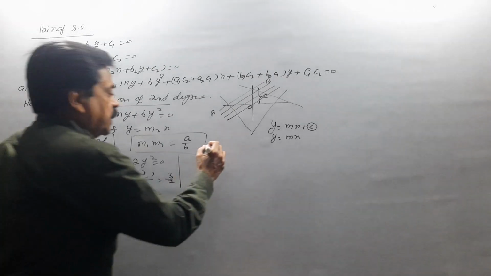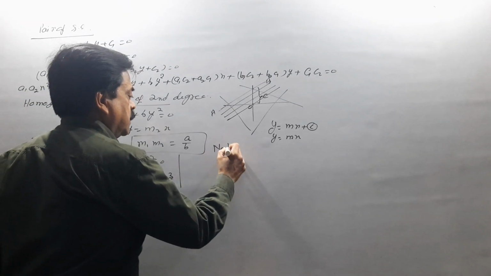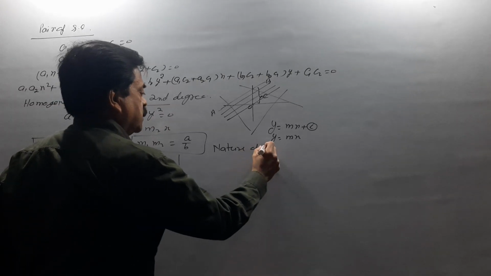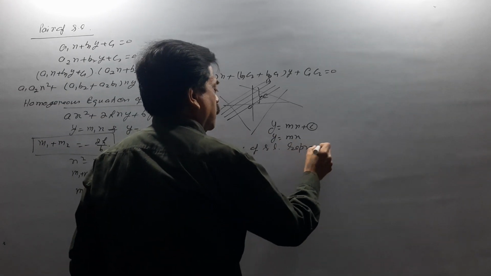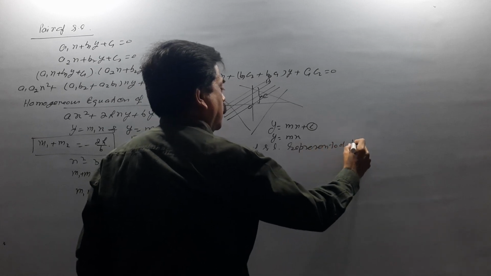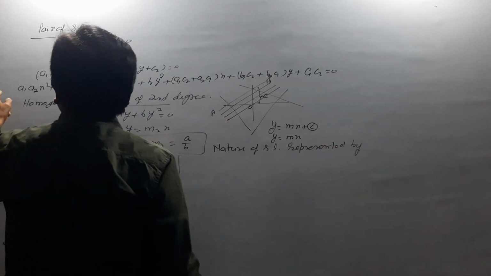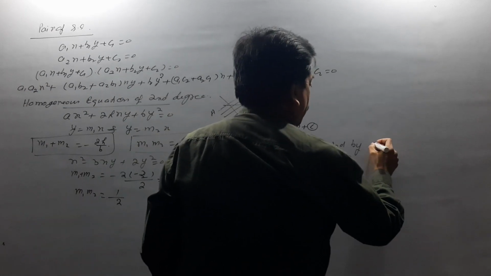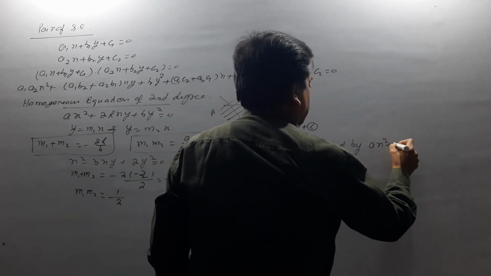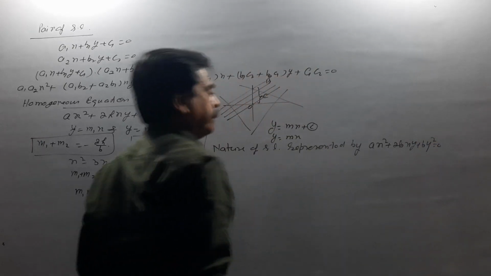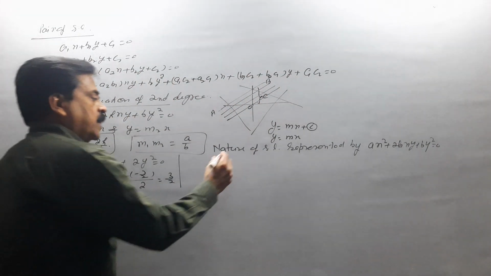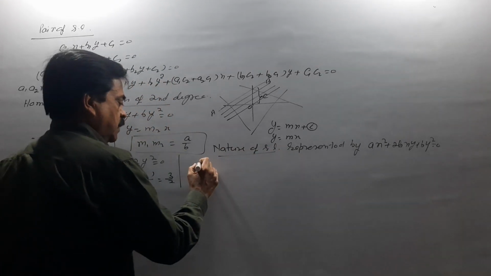And now, nature of straight lines represented by ax square plus 2hxy plus by square equals 0. Nature of straight lines, number 1.